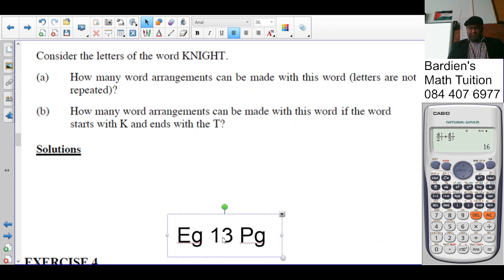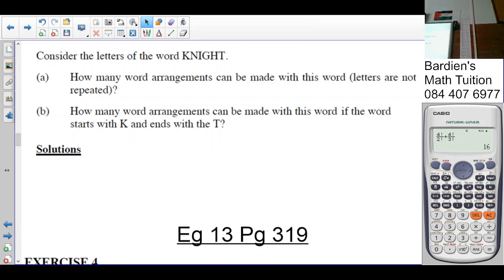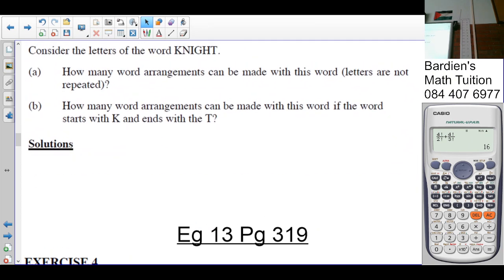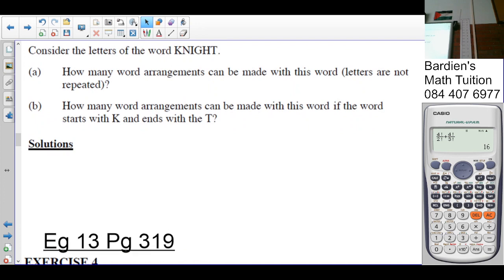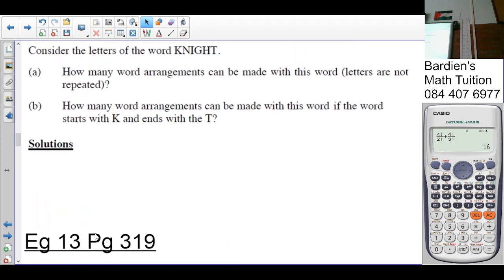Example 13 is on page 319. Consider the letters from the word night.